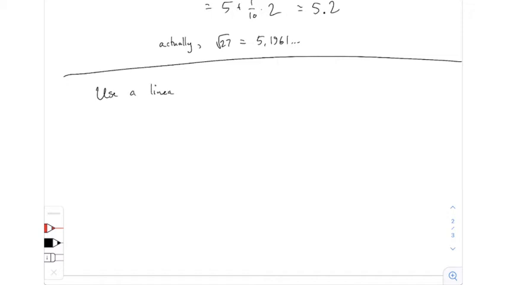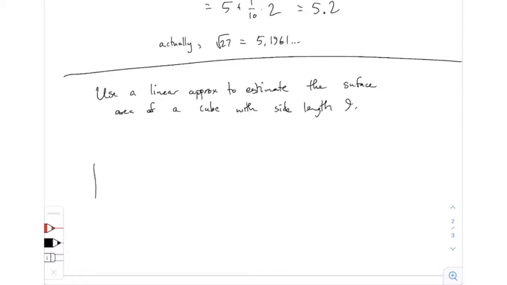Use a linear approximation to estimate the surface area of a cube with side length 9.